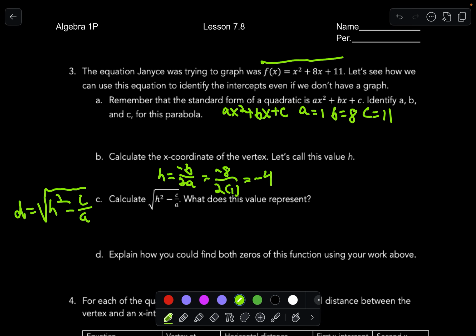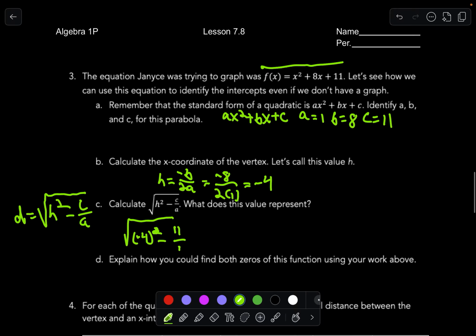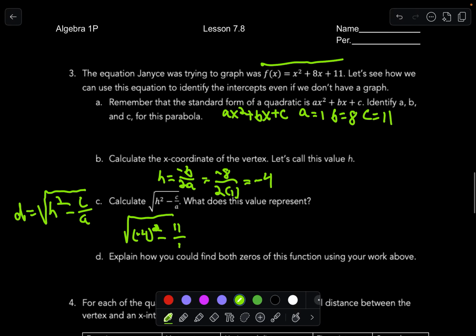So it's going to be equal to the square root of negative 4 squared minus, now remember, c is 11 and a is 1. Okay? So this equals the square root of 16 minus 11, which equals the square root of 5.